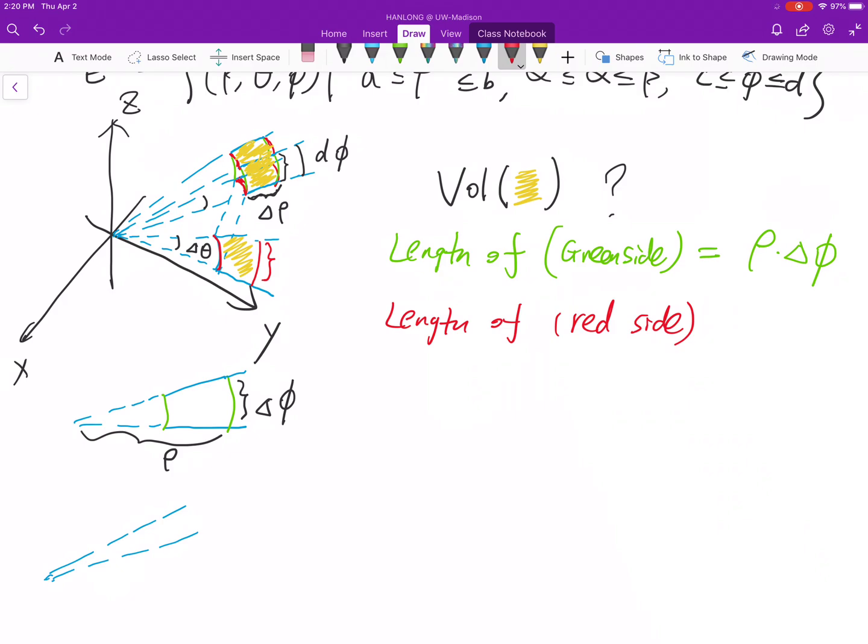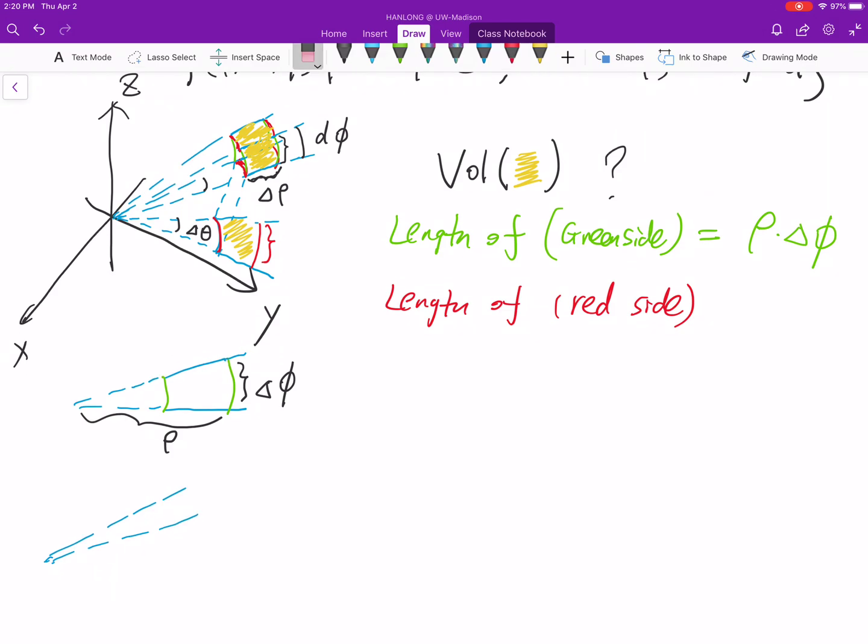If you look at this part, the length is the length of this side times delta theta. So let me call it rho prime.